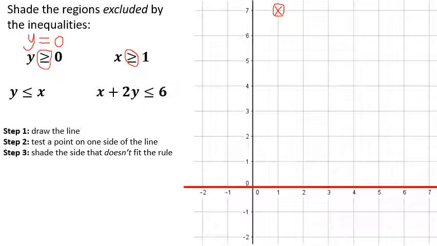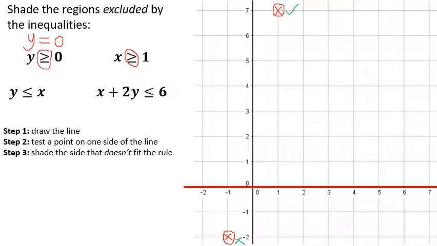If I'm telling you that the y-coordinate has to be at least 0, then the point that I've put on the graph would fit. If we tried a different point, like the point (-1, -2) down here, we'd find that that one doesn't fit because the y-coordinate of that point is not at least 0. So we've got one point that fits, another point that doesn't fit.